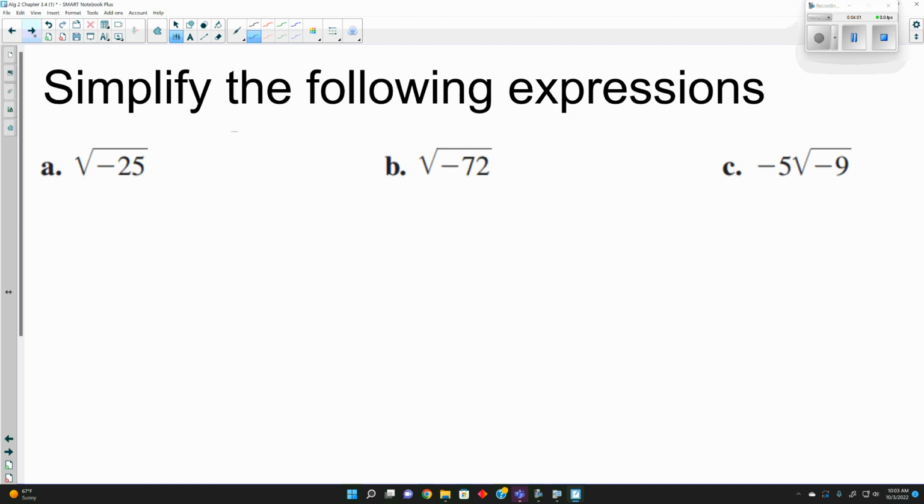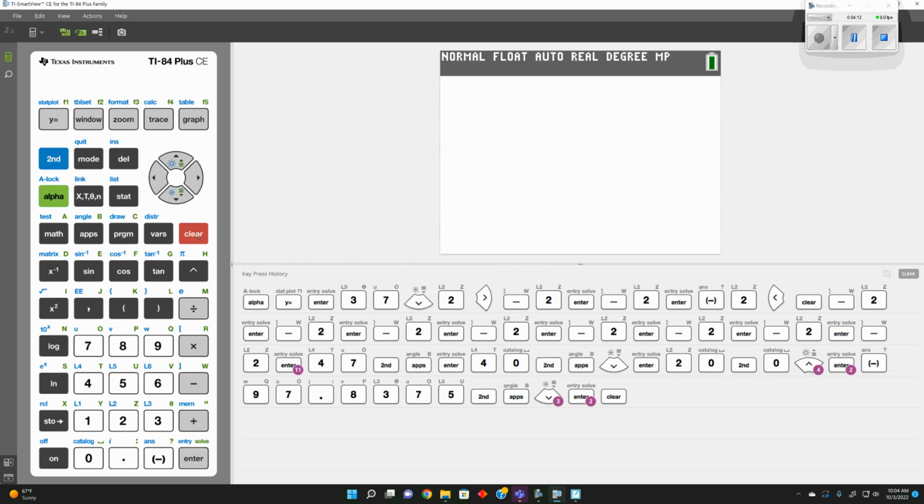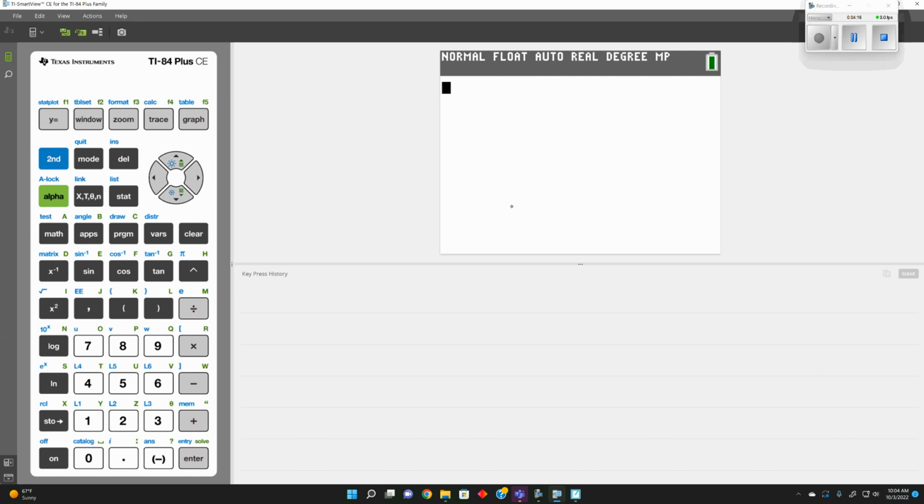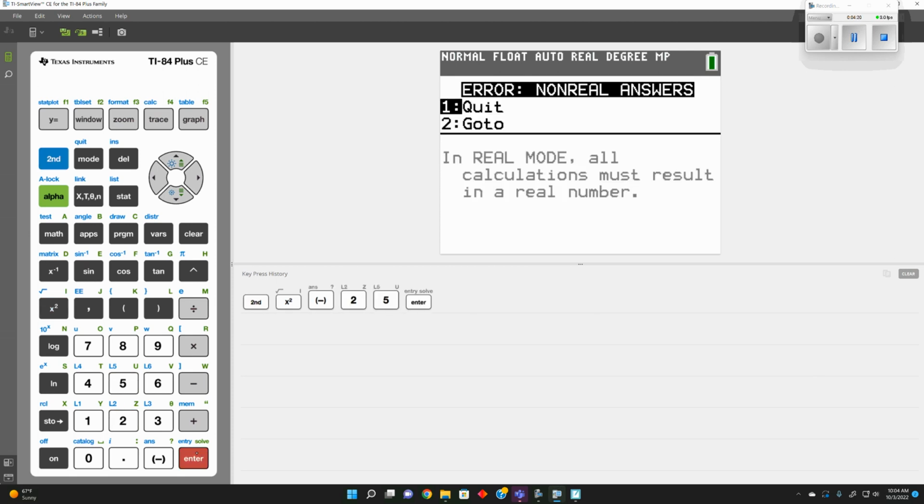Now, if we look at the next part, we have these square roots. We could try taking the square root of negative 25. So I can pull the calculator up here, clear all this out, and say second, square root, negative 25. Again, non-real answer, because we can't multiply a number by itself and get a negative.